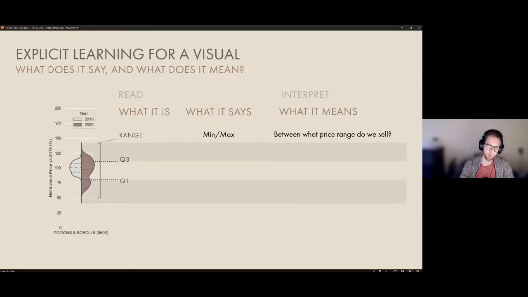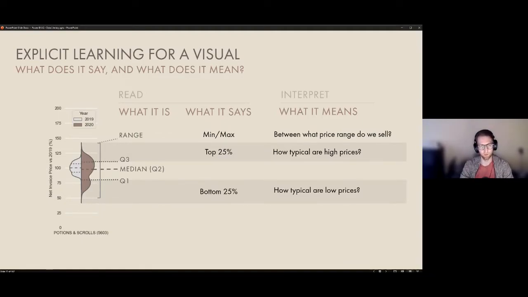Everything below the bottom dotted line is our first quartile. And what that says is the top 25% of data points and the bottom 25% of data points. This tells us how typical high prices are and how typical low prices are. And we can compare this across the years. We can see that low prices are much more typical in 2020 than they were in 2019, since the size of that violin is bigger.